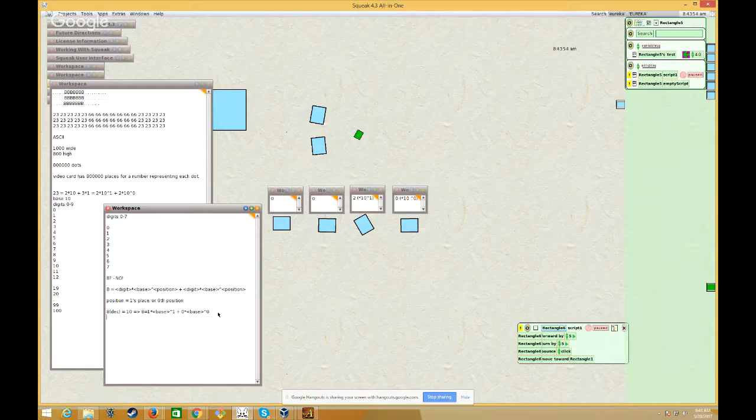All right, well, 1 times, we'll call the base, we'll just call it x. Raised to the 1 is x to the 1 equals x.